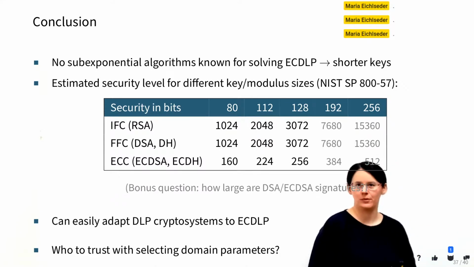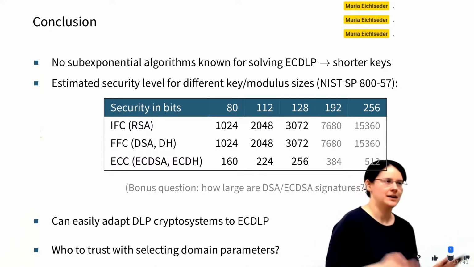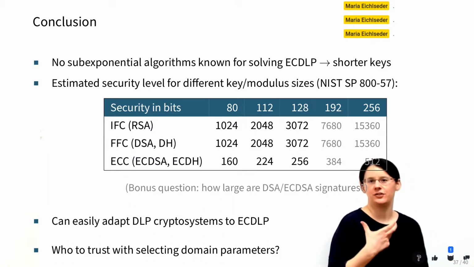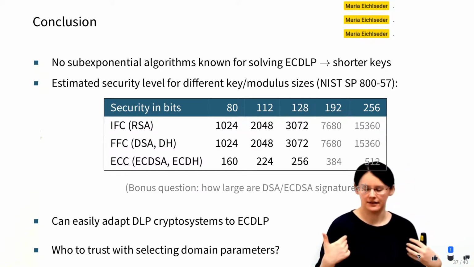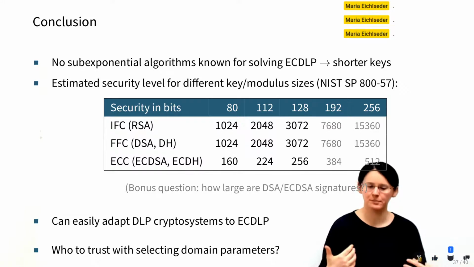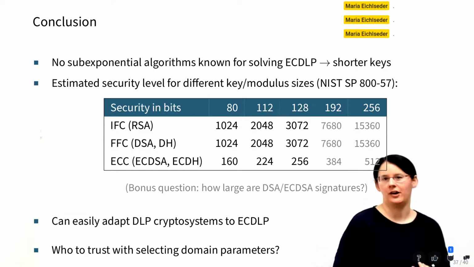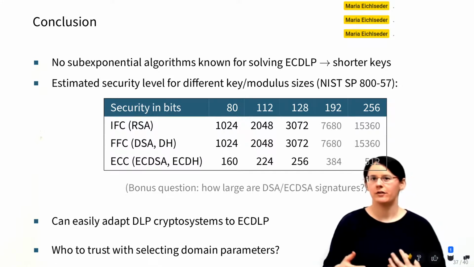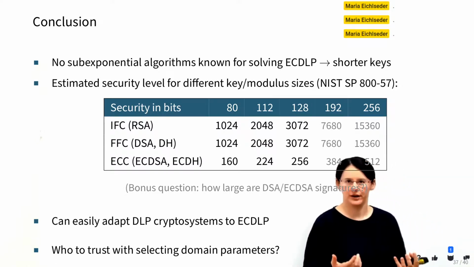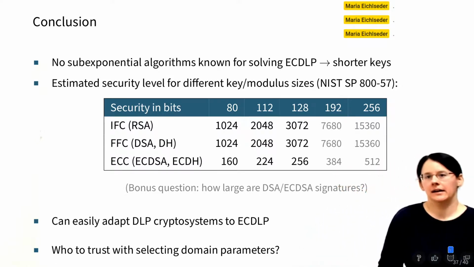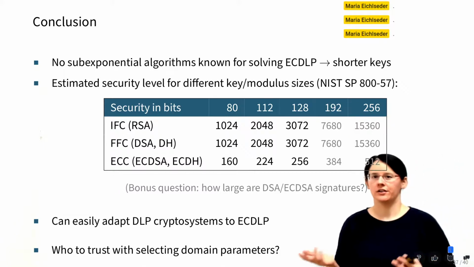So for example, as a designer, you could hash your name and let the bits of the hash output define some of the parameters of the curve, so that you have very little freedom or wiggle room. And this is then a lot less suspicious.